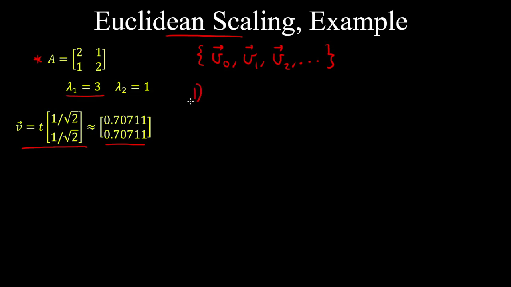So in step 1, we're going to choose our initial unit vector with components 1, 0. We don't need to normalize this, as it's already a unit vector. And in step 2, we multiply V0 by the matrix A. So that gives 2 by 1 plus 1 by 0, and 1 by 1 plus 2 by 0.